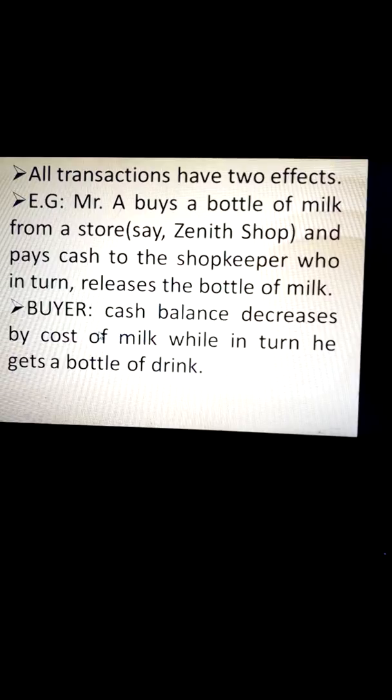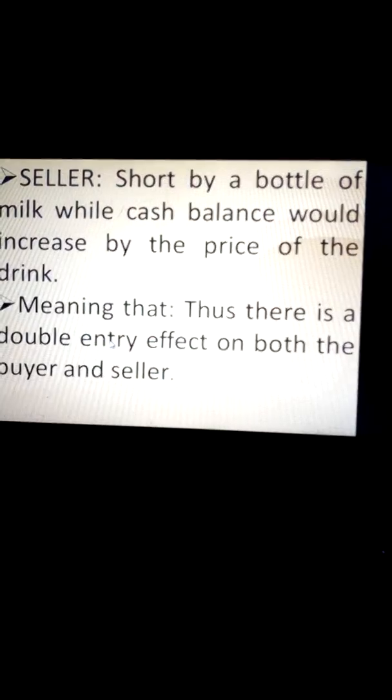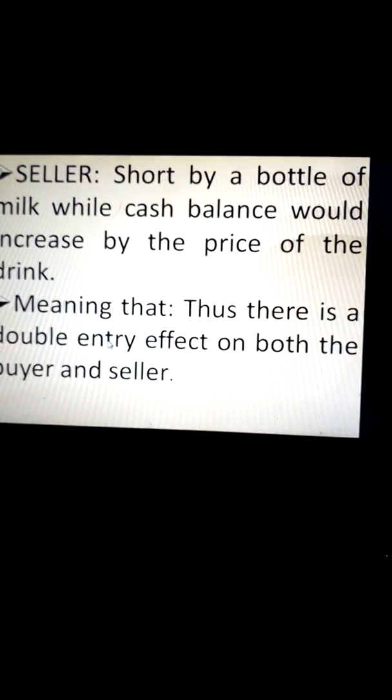Now, to the buyer, cash balance will decrease by the cost of the bottle of milk, while in turn he gets a bottle of milk. So you see, there are two effects to the buyer. To the seller also, he is short by a bottle of milk, while cash balance will increase by the price of that bottle of milk.